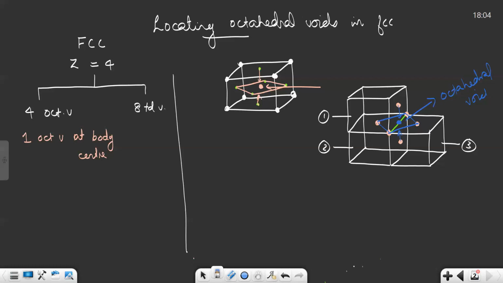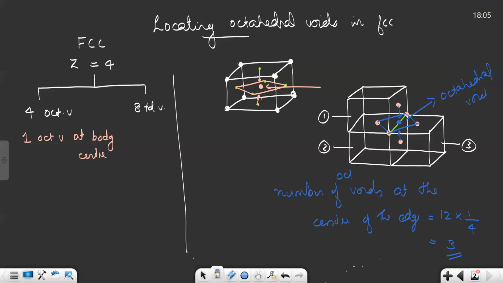So you can see the total number of octahedral voids at the center of the edges: there are total 12 edges. From one edge center, 1/4 of the void belongs to one unit cell. So there will be total 3 voids from the center of the edges.